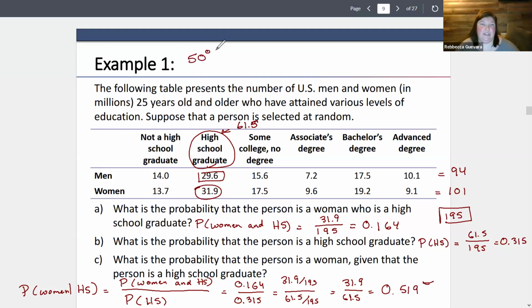So my conditional probability is telling me that roughly 52% of people with just a high school education, and I can get more technical than this, but we're not going to.